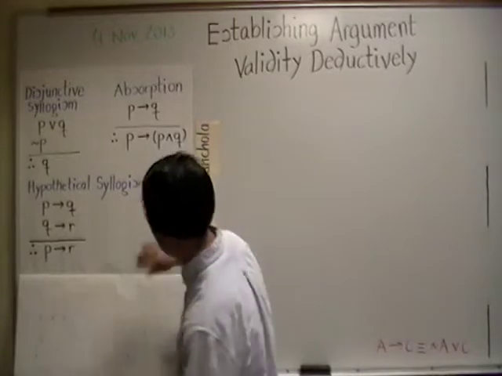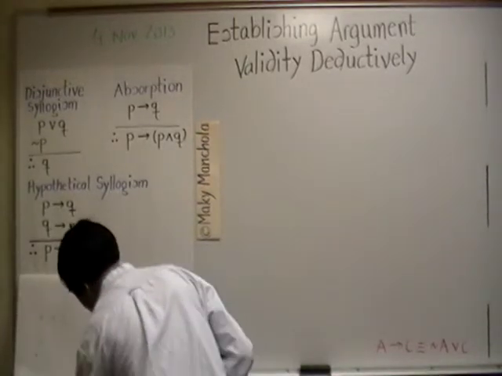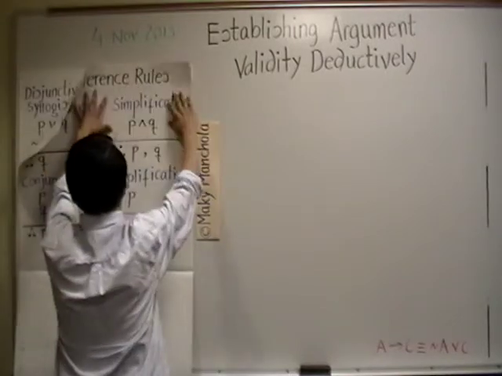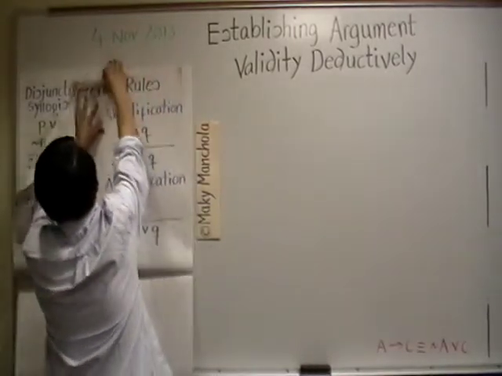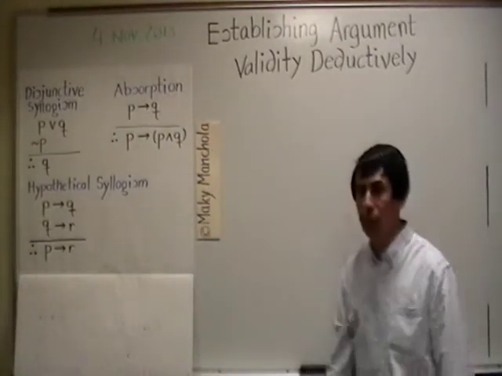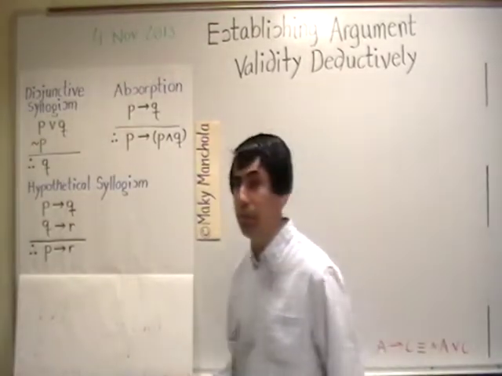Now, for now, we're going to assume that the modus ponens, the conjunction, the simplification, the amplification, the disjunctive syllogism, the hypothetical syllogism, we're going to take those for granted. We're going to assume that they have already been proven.